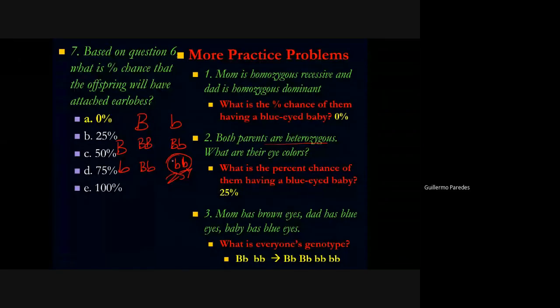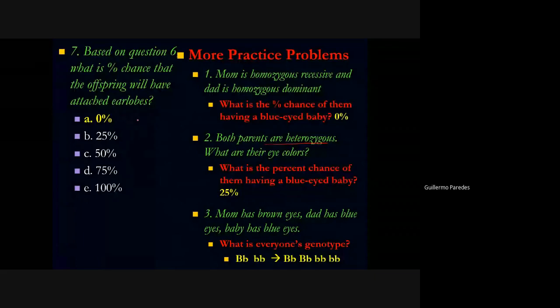Mom has brown eyes, and dad has blue eyes. Baby has blue eyes. What is everyone's genotype? That is a little bit more elaborate. So here we have mom with brown eyes. Brown eyes could be brown, blue, correct? And dad has blue eyes, that is going to be b and b.